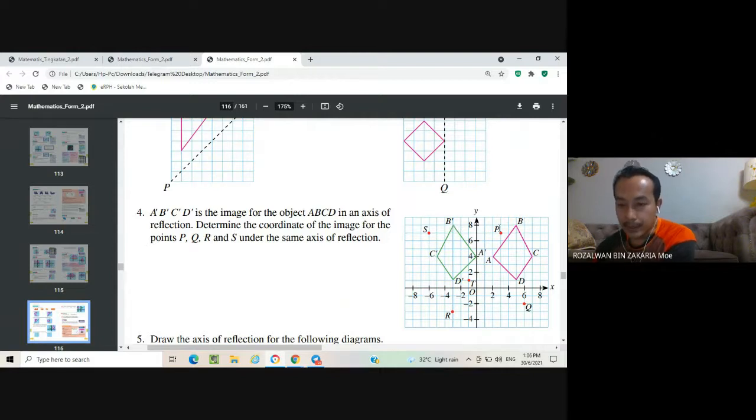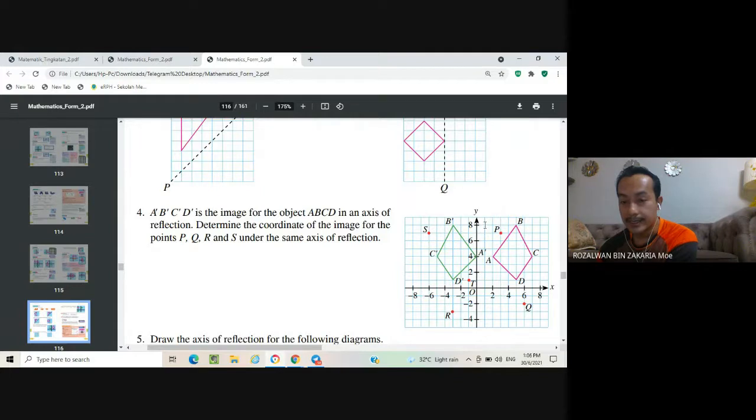Calculate how many boxes: 1, 2, 3, 4, 5, 6, 7, 8. There are 8 boxes. So to determine the axis of reflection, 8 divided by 2 gives 4. That means the axis of reflection is 4 boxes from B prime and also from B. So calculate 4 boxes: 1, 2, 3, 4.